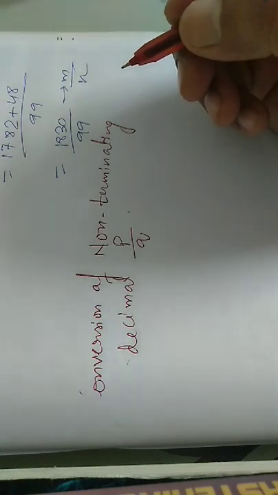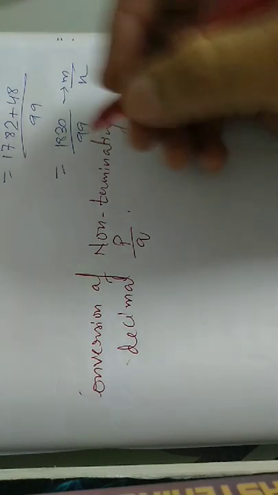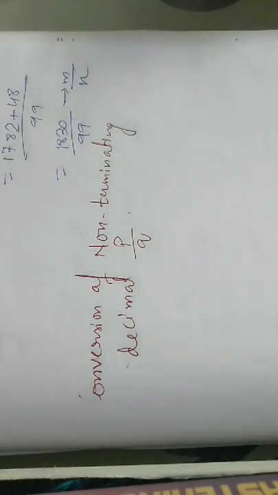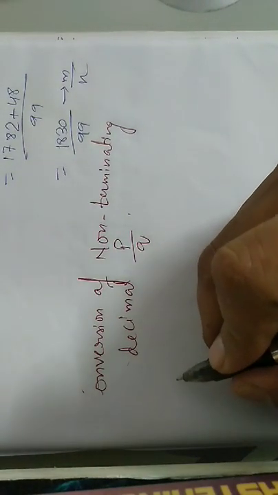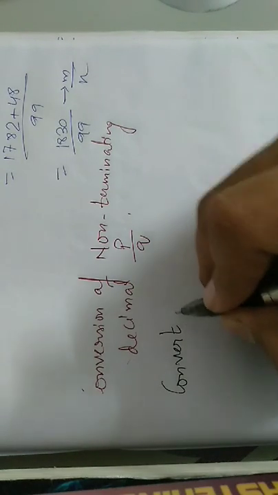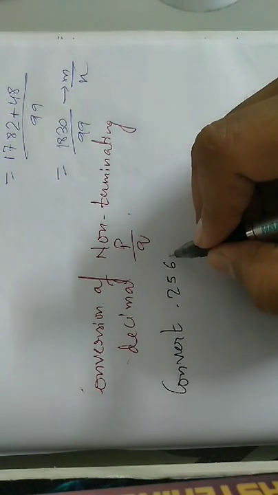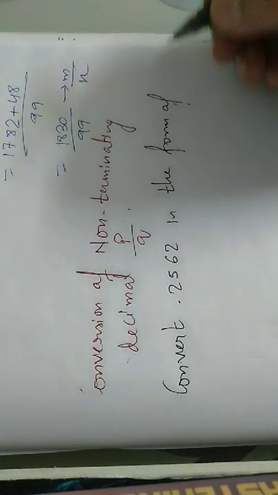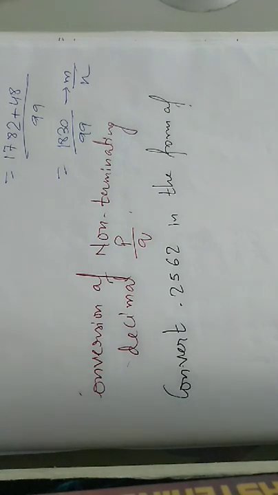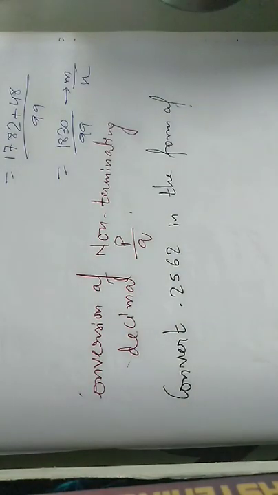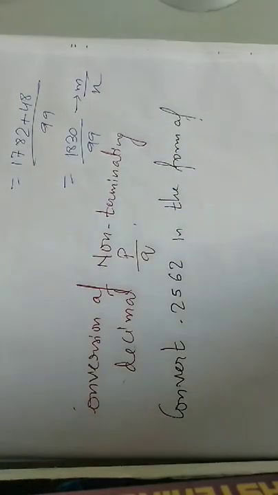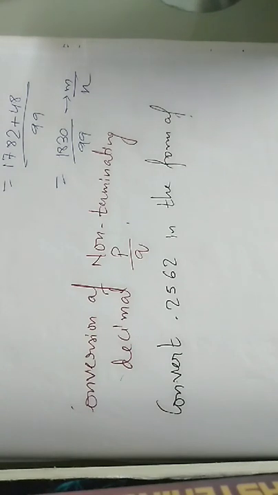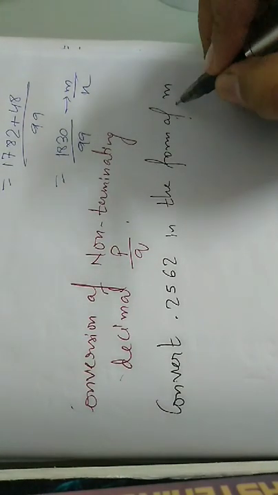Suppose let's take an example where we need to convert 0.2562 in the form of m by n.